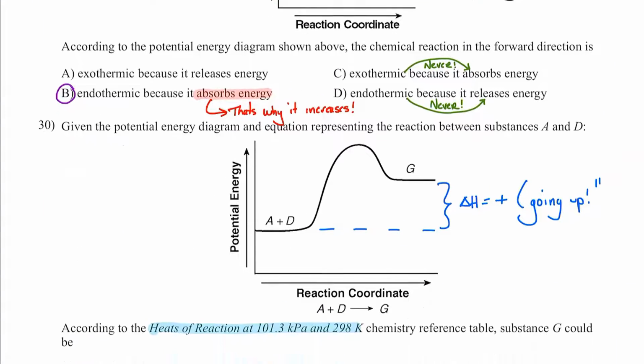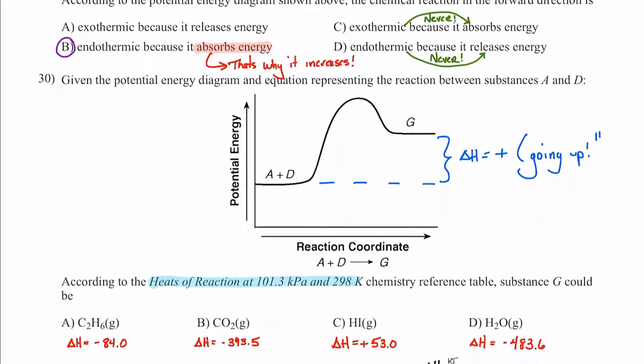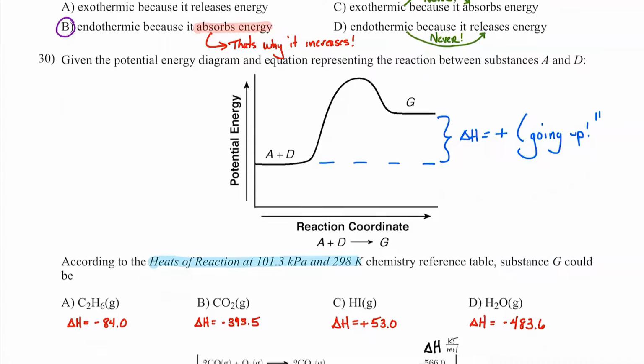Okay, number 30, given this potential energy diagram, we've got A and D, and like before, this is going to be your reactants. This is your products. We're going up in here again, so it's endothermic. According to the heats of reaction, Table I, for the millionth time, substance G, people are like, who's G?